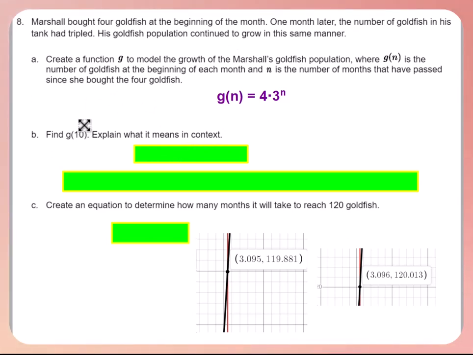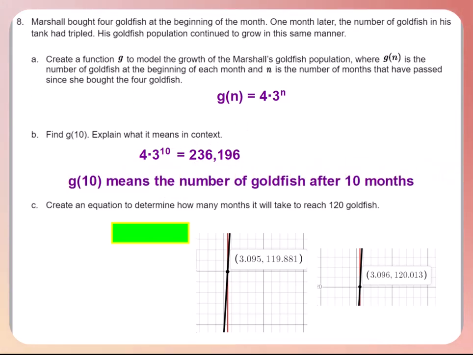This means in 10 months, this is the amount of goldfish that we'll have. If you're asked to find that amount, look at your equation, replace that exponent with 10, and you'll get 236,196. G of 10 means the number of goldfish after 10 months.